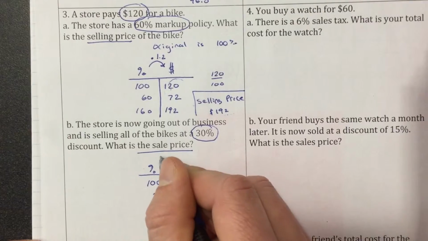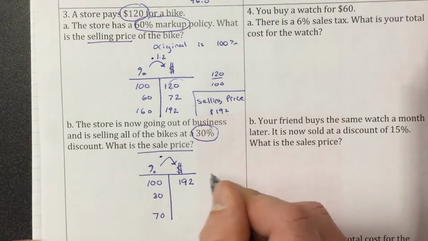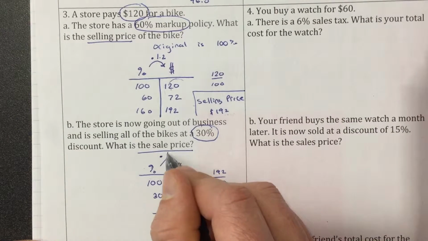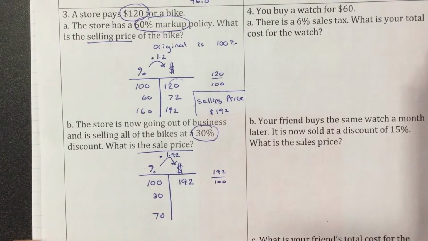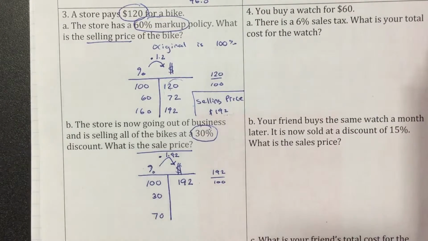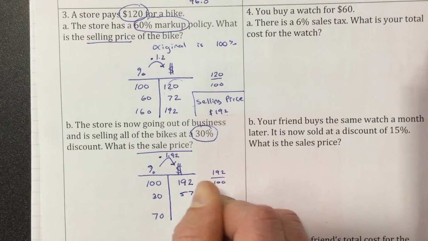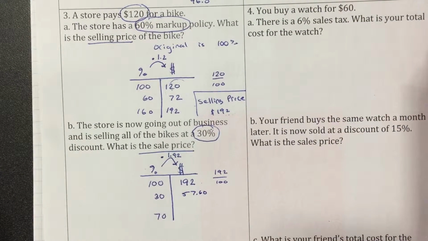Find that constant of proportionality by dividing this number by this number. And I get 1.92. So then I just multiply my numbers. 1.92 times 30. So they're going to take $57.60 off.